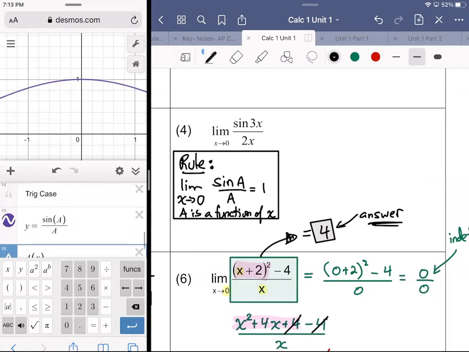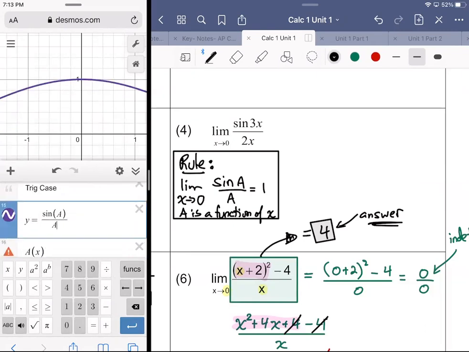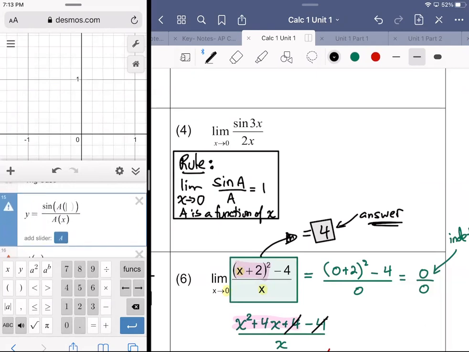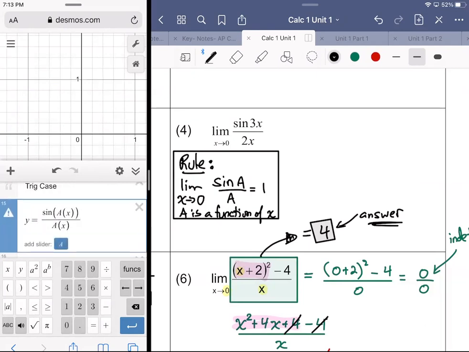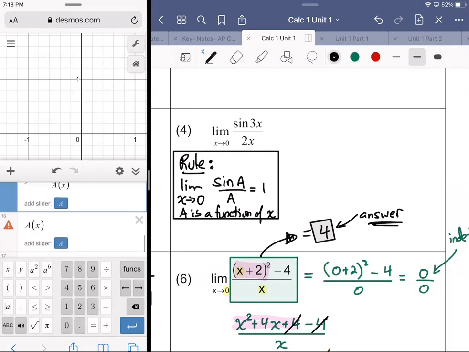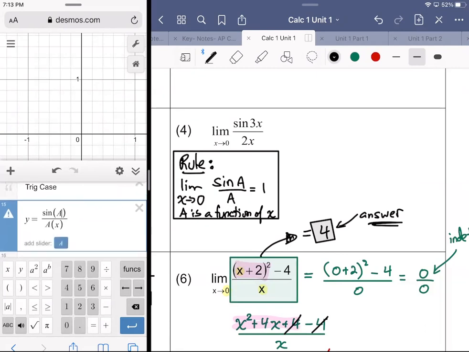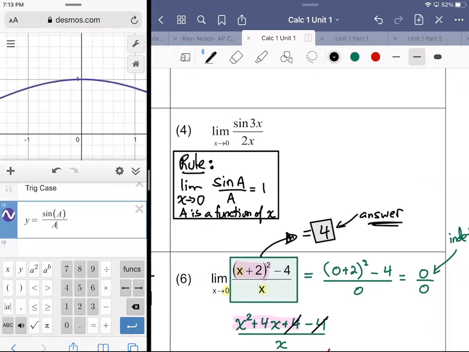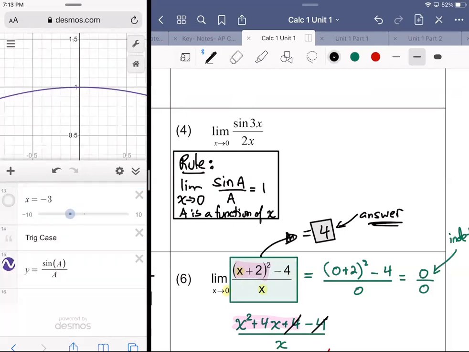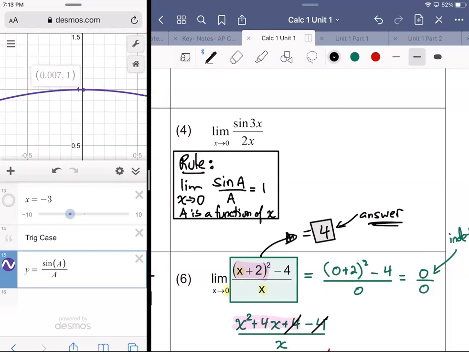It still wants a slider. I had a good thing going there. It understood it for A, but it didn't like it when I put it with other stuff going on. But like I said, you can put whatever you want in there for A and it'll work out. It'll give you a limit equal to 1 at that location, but it does have a hole there. That's an important consideration.